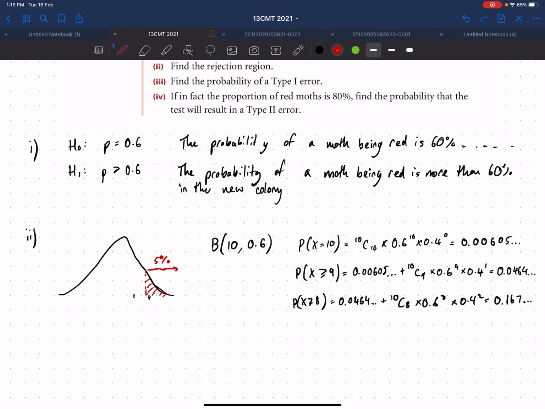So the critical region is x is greater than or equal to 9.